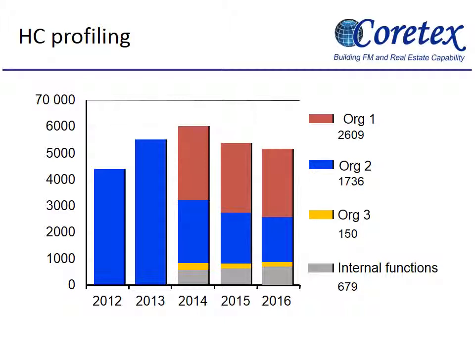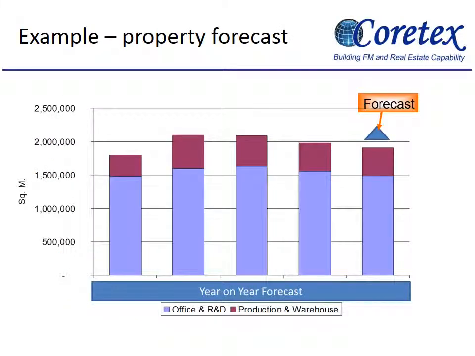Or you might, and probably both, you'll be expressing this as a property forecast. What, in terms of square meterage around the globe, will you need in order to accommodate all those different categories of people who need to occupy or use or visit property?